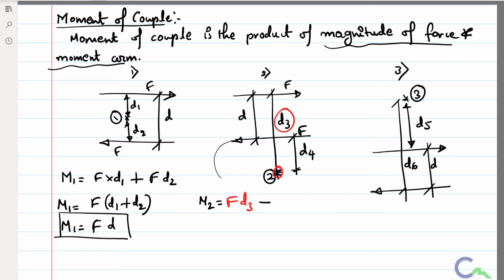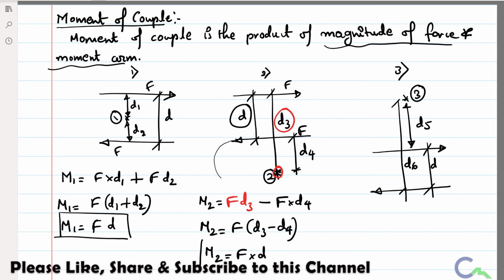So I can take minus F into d4. So M2 is equal to F into (d3 minus d4). So d3 minus d4 is nothing but d. Therefore M2 is equal to F into d.